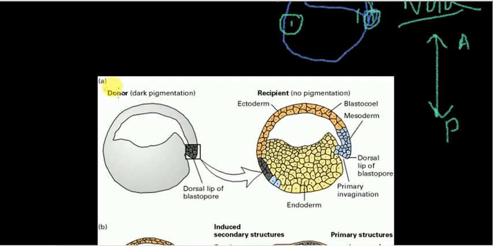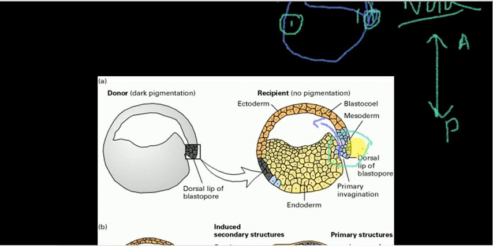Spemann and Mangold took two differentially colored newt embryos. These are the normal dorsal lip of the blastopore, and the cells are involuting into the interior of the embryo through this dorsal lip of the blastopore and form the notochord.